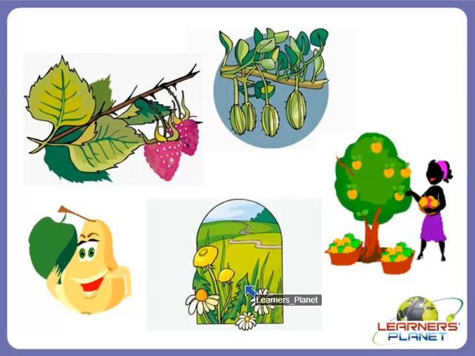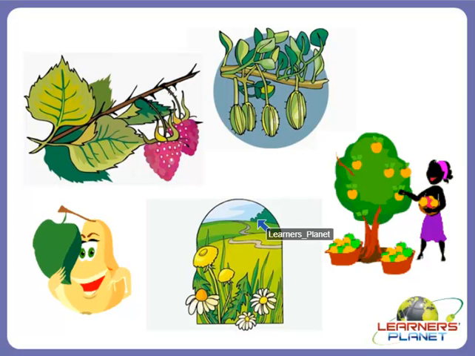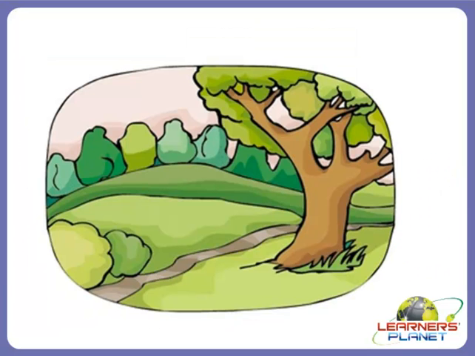So children, you can see in this picture, yes, all the parts of the plant. For example, leaves, buds, flowers and fruits grow on the stem. Children, the third use of stem is that the stem helps in carrying water and food to different parts of the plant.